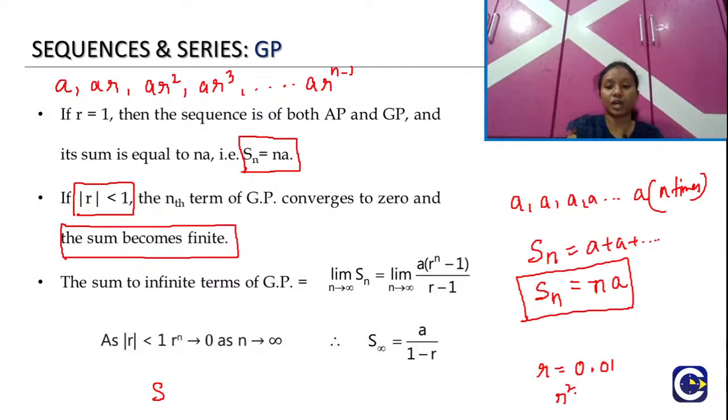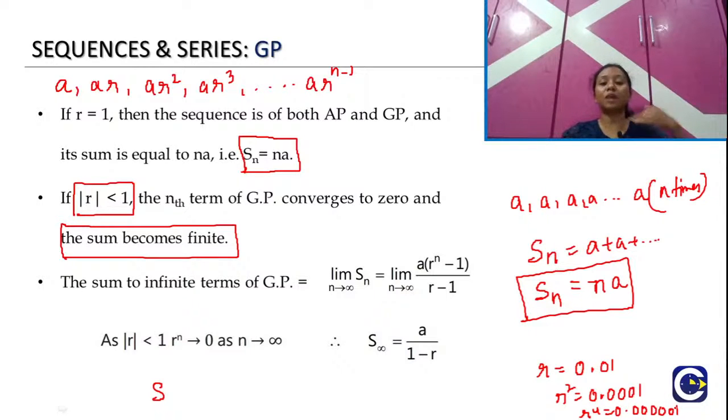If it is r square, then it will be 0.0001. What happens if it's r power 4? It is 0.00000, which we can neglect when the power of r increases. Right. So that's why the sum becomes finite when the common ratio value is less than 1.